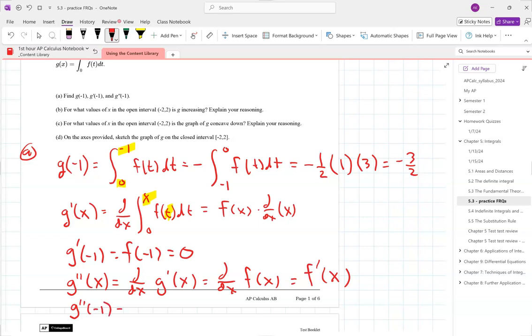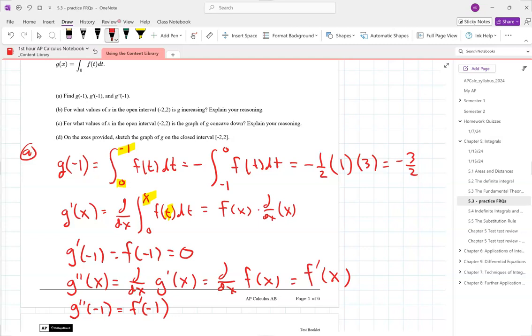So the second derivative of g at -1 is just going to be the first derivative of f at -1. Is everybody okay with what we did there? Tell me to stop and slow down if I'm going too fast on anything. Okay? Just trying to walk through doing this stuff together and get us used to thinking about this. There's a bunch of practice in here, so you have lots of chances to try it on your own also.